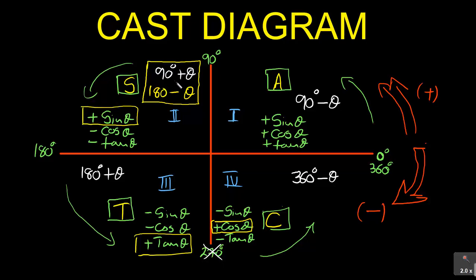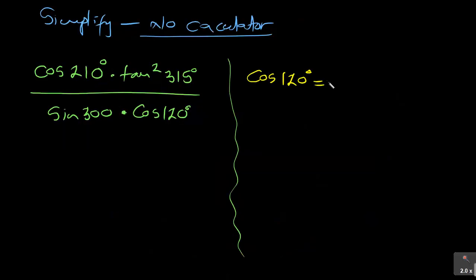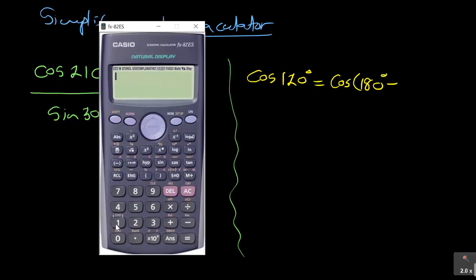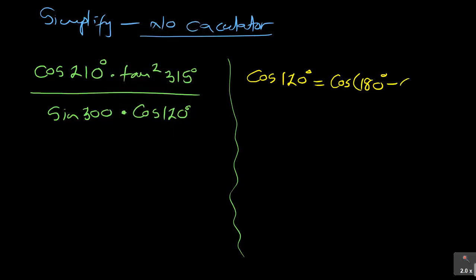The reduction rule that I always prefer to start with is 180 minus theta. So I'm going to write it as cos of 180 degrees minus theta, but now the angle that I'm going to use is the one whereby I separate 180 minus 120. It will give me that theta angle, which is 60 degrees. So you can see that 180 minus 60 is 120.